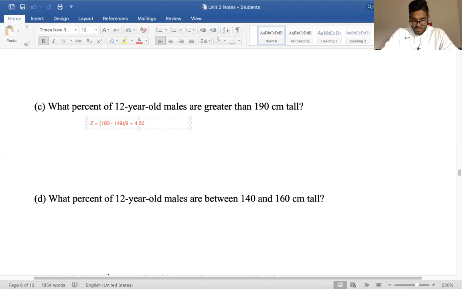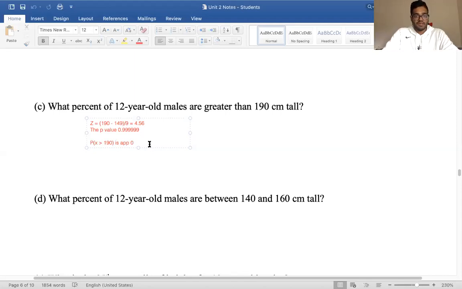Okay. Looked it up on the chart. It's off the chart. So you can just say that the p-value, if you look that up on the chart, you get like 0.99999, but we want the percentage that are greater. So the probability that x is greater than 190 is approximately 0. Okay.